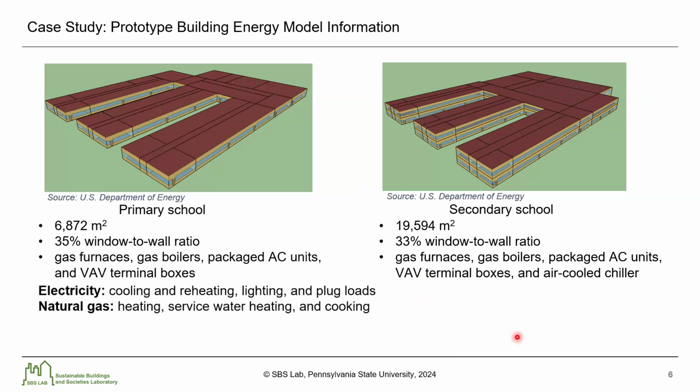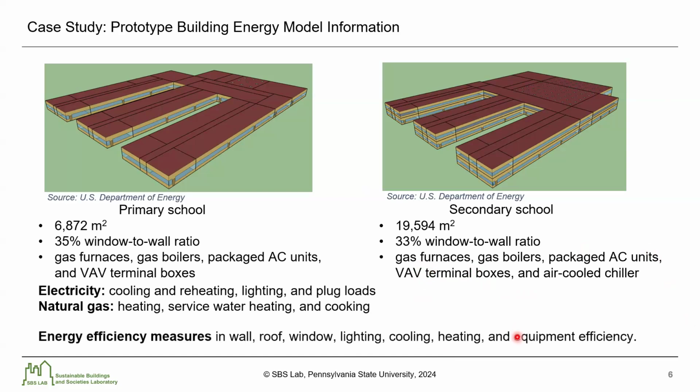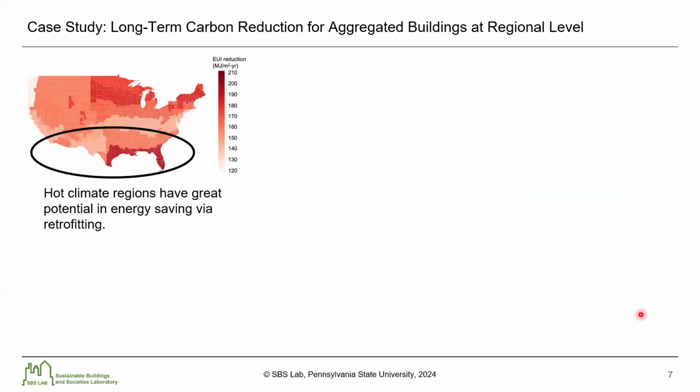The building has different energy sources, like electricity for cooling, and natural gas for heating and cooking. We also use energy efficiency measures to improve the building performance in energy, and to see how the building carbon is impacted by the energy efficiency measures.